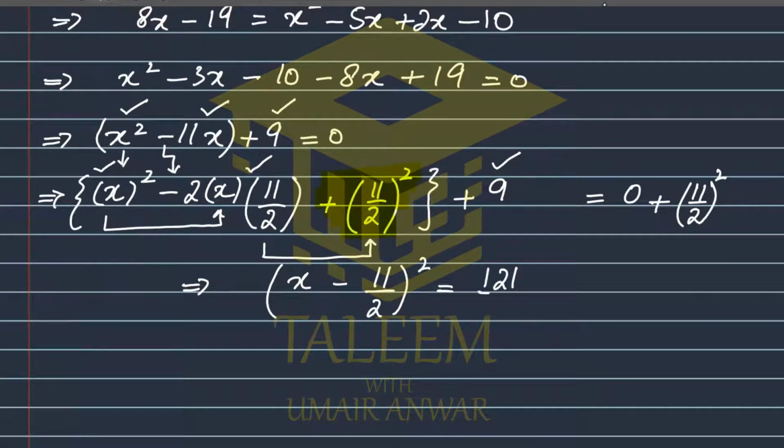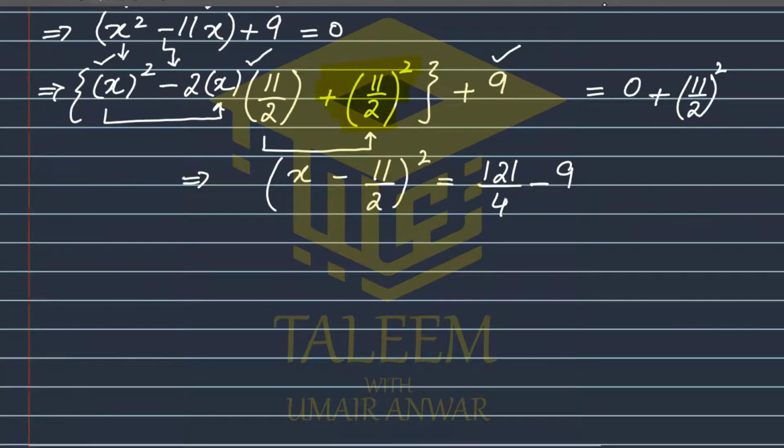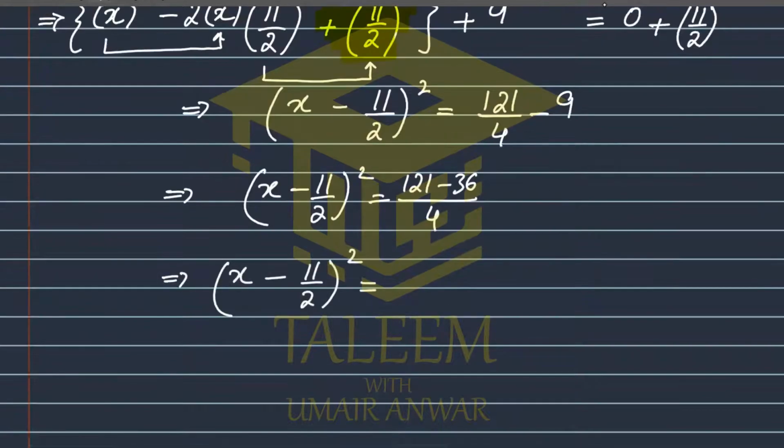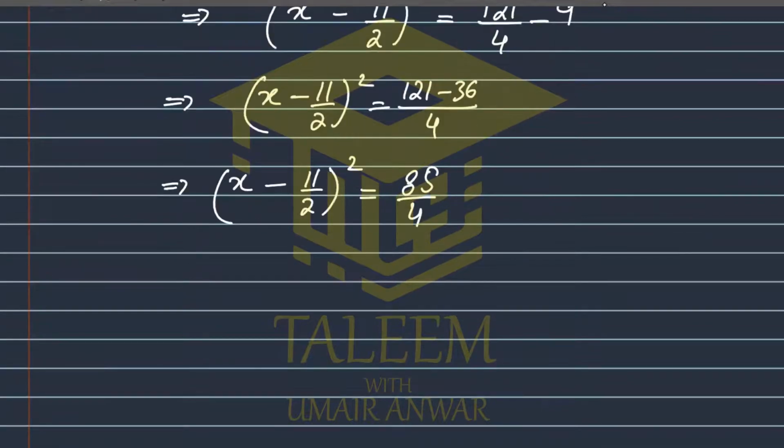121 upon 4, the square of 11 upon 2, minus 9 if I move 9 to the other side. So again, further simplifying it, it would become 121 minus 36 upon 4, which is 85 upon 4. Okay, now I'm taking square root on both the sides. Okay, so x minus 11 upon 2.